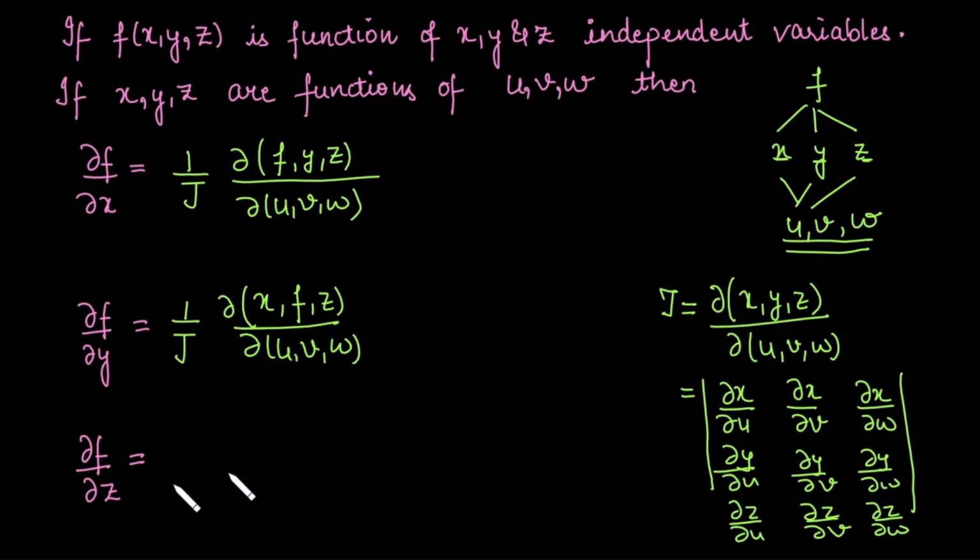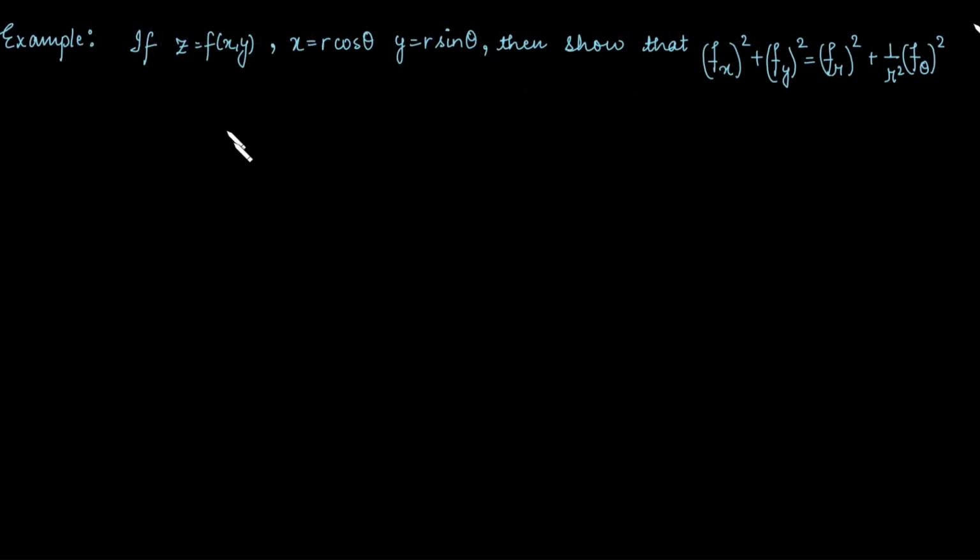And the partial derivative of the function with respect to z is equal to 1 by J partial of x, y, and in place of z write f divided by partial of u, v, w. This is how we can construct the formulas for the change of variable if we have 2 variables or 3 variables.